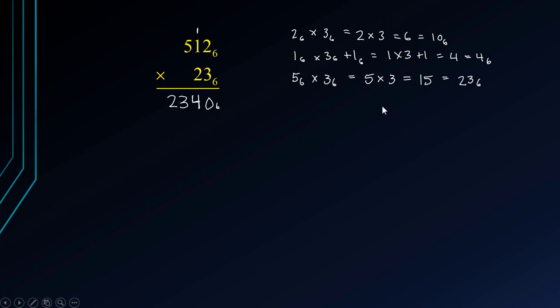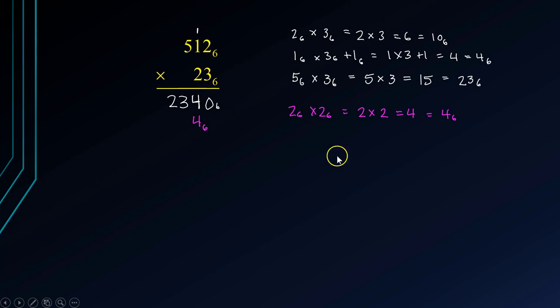Still going to multiply in a very similar way as you had done in the past. In the next line, I'm going to skip a space, and I'm going to start putting my numbers for 2 times 2 here. So 2 base 6 times 2 base 6 is the same thing as 2 times 2, which is 4, which is the same thing as 4 base 6. So the 4 is going to go here. Put the base 6 out here, but you can put the base 6 over here. It doesn't matter.